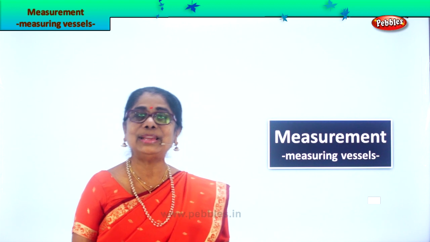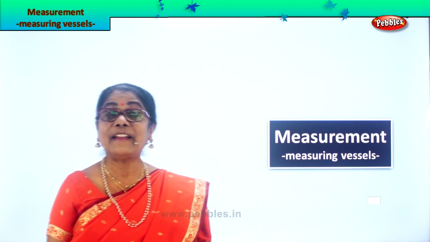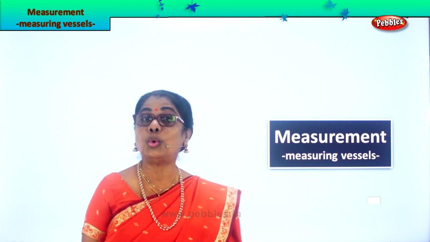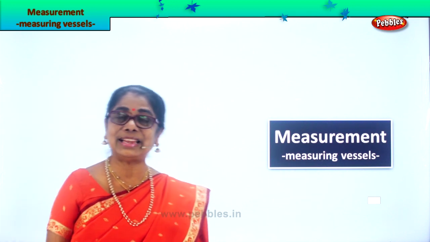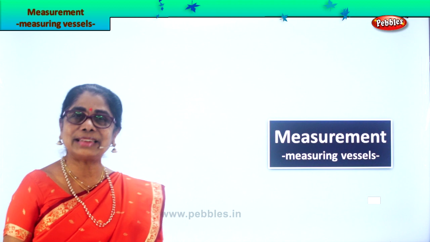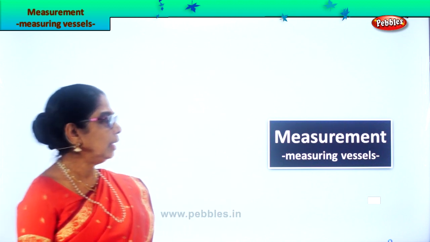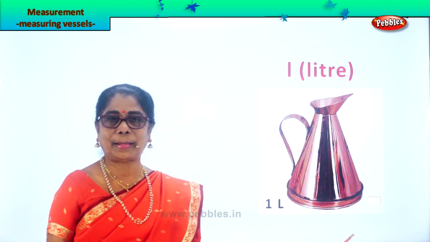You ask daddy to take you. All right? So let's look at the measuring vessels, especially for oils and milk and water. Very interesting vessels. It's a lovely shape too. Let's look at them. Look at this beautiful shape, isn't it?